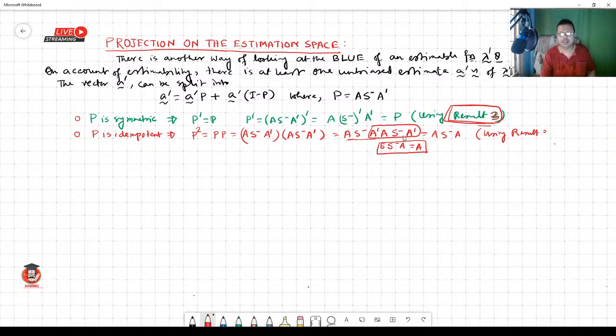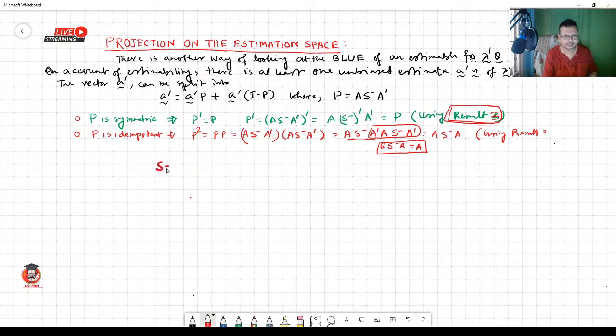A prime A S inverse A prime is equal to A. We need to show this thing. So please tell me which result is it? I think result 2.